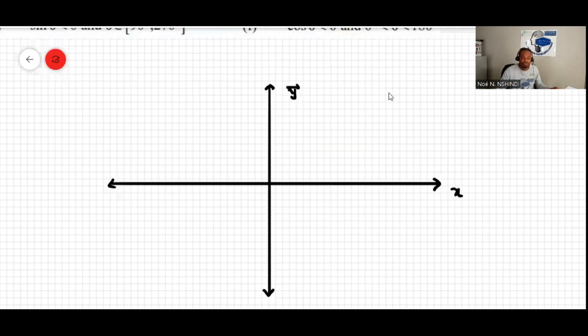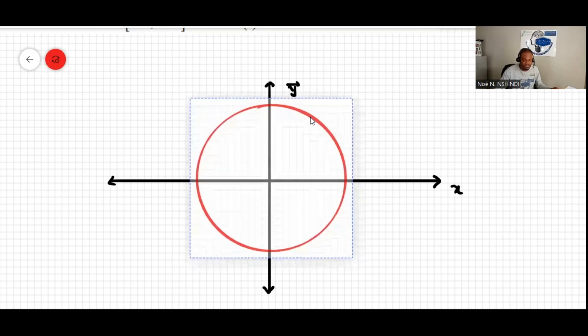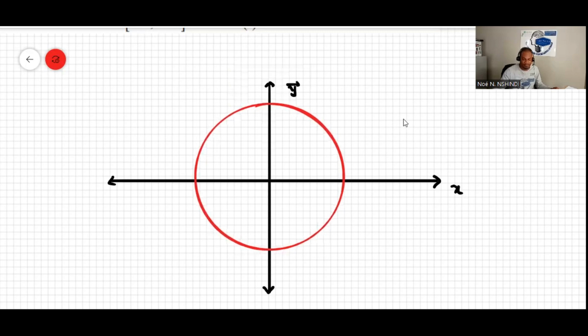So I am going to draw a circle over here. Okay, here's the circle centered at the origin. When I say centered at the origin, I mean the center is at 0, 0.